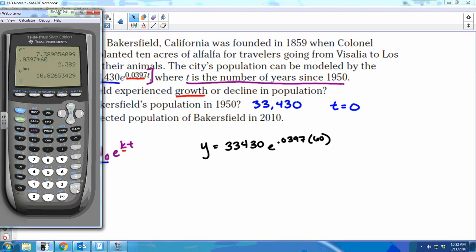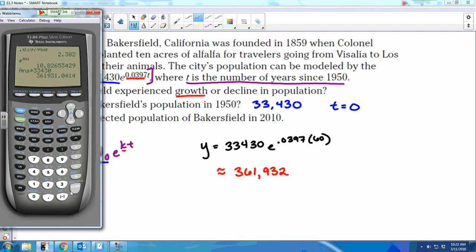So e to the 2.382 power times 33,430 is approximately 361,932 people. If you don't talk about population, you can't have 0.04 of a person. If you round it down, that's acceptable too.